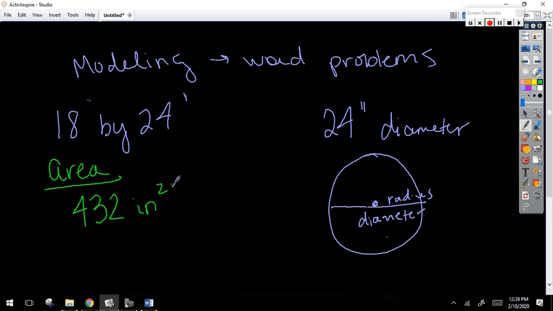How can I find the area of the circular pizza? How do you find the area of a circle? Pi r squared. What is r? Radius. What is r in this case? 12.